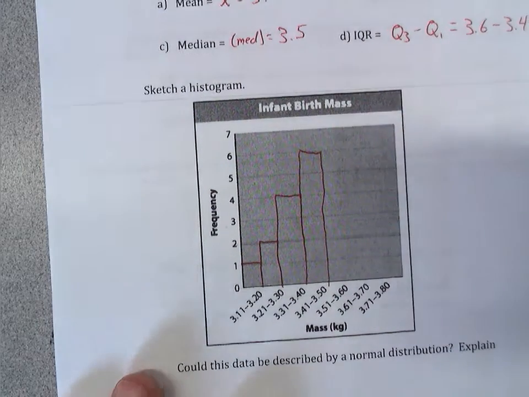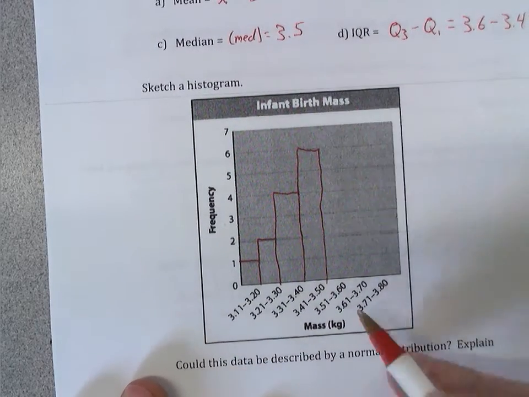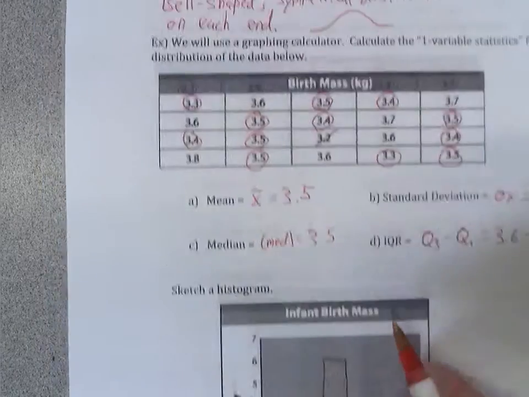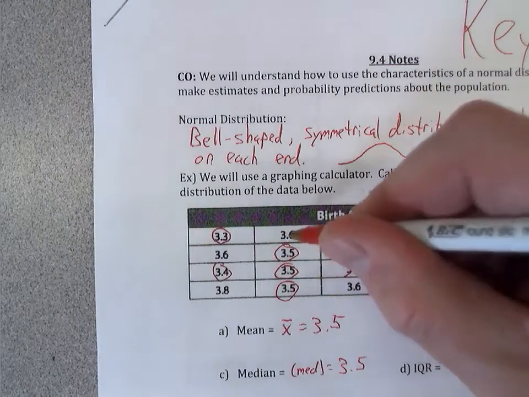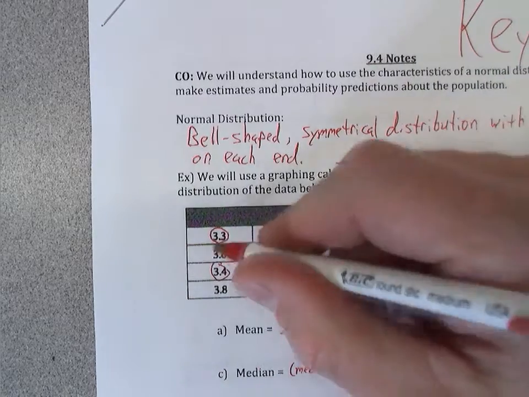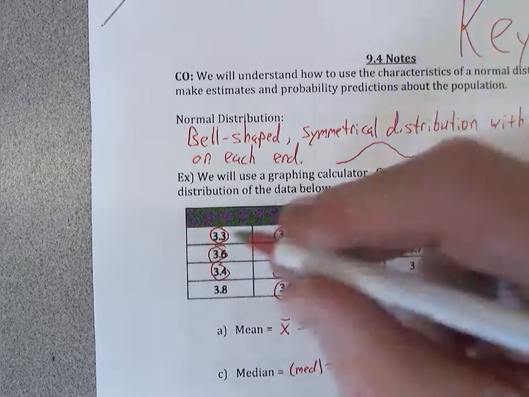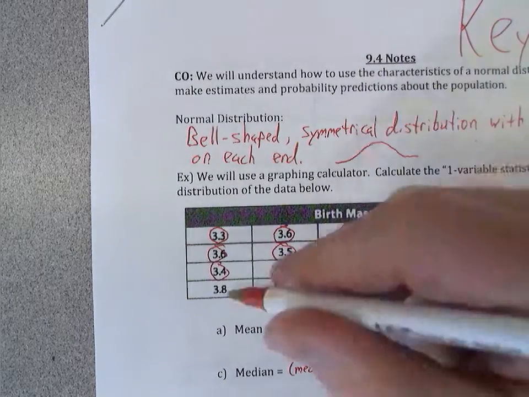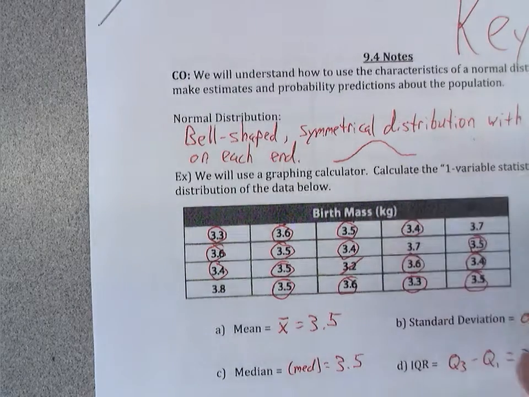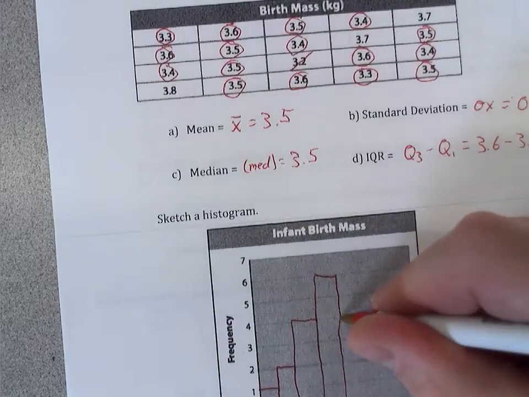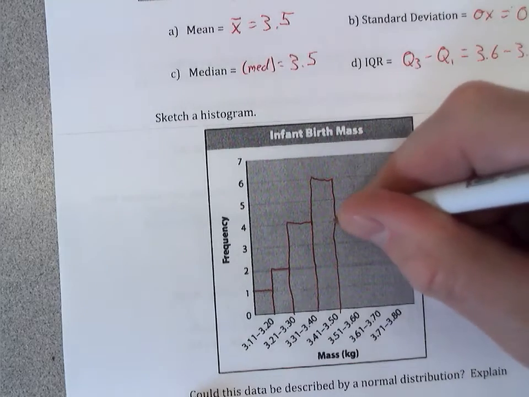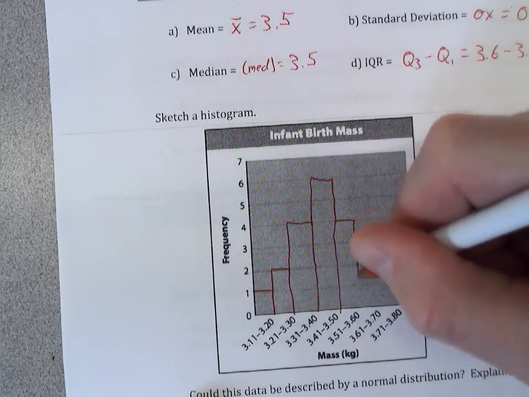Okay, these are my frequencies. 3.5 to 3.6. Go back to my data. Got 1, 2, 3, and 4 again. So over here, I'm going to go up to 4. Make my line.